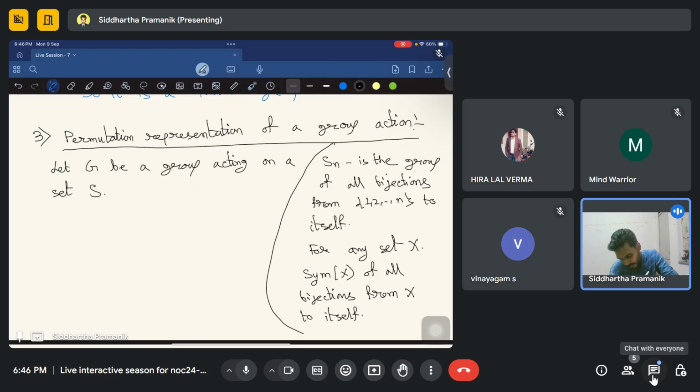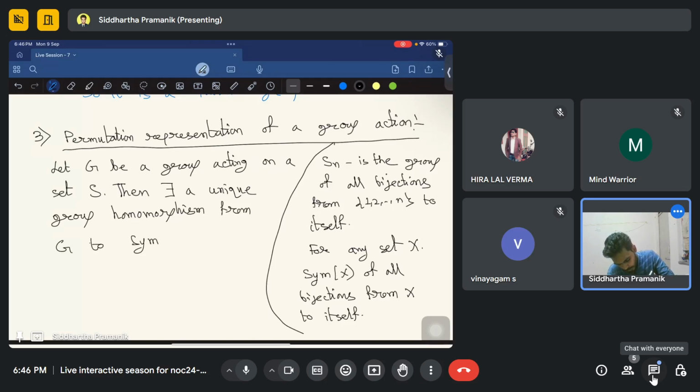So this says then there exists a unique group homomorphism from G to the group Sym(S).